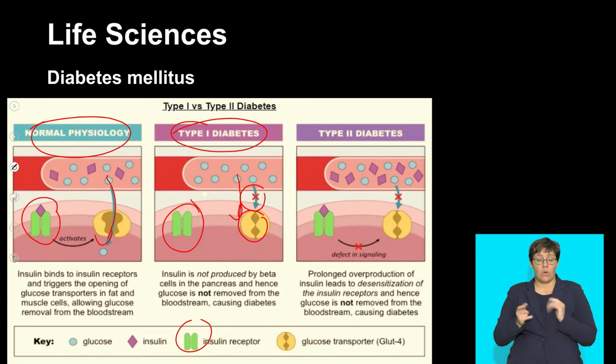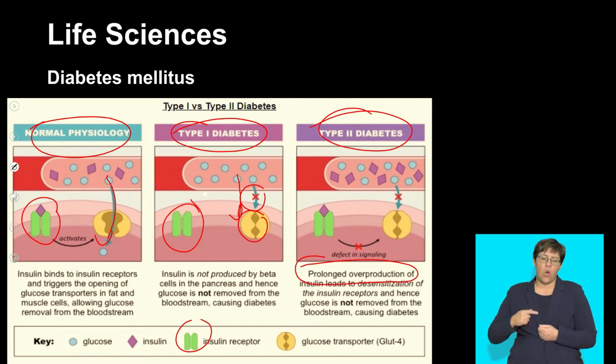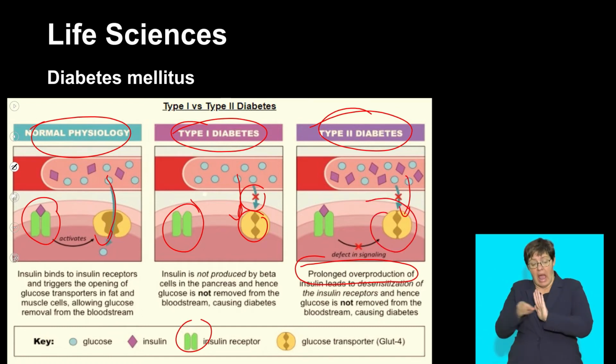If we compare that to type 2 diabetes, we find that due to a prolonged use of excessive amounts of insulin, these cells become desensitized and are not effectively absorbing the insulin.